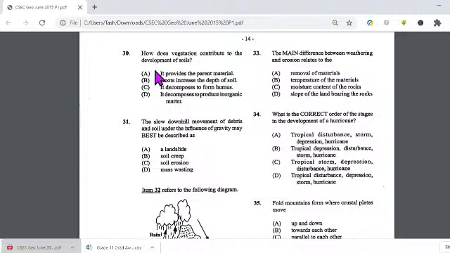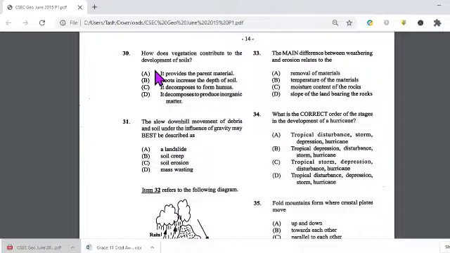D, tropical disturbance, depression, storm, and then the hurricane. So for 34, our answer would have been letter D. It's just a disturbance first, then it is a depression, then the depression turns into a storm, and as the wind speed increases, then the storm would turn into a hurricane. So for 34, it would have been letter D.